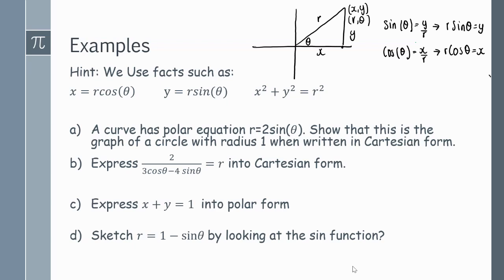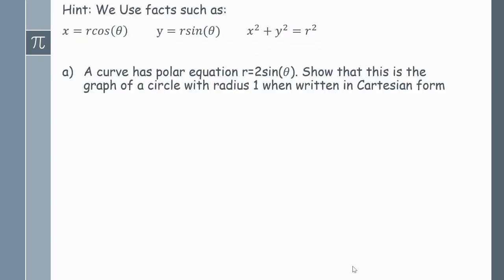And then, of course, by Pythagoras, I have x squared plus y squared equals my hypotenuse r squared. Let's use these facts to convert from polar form to Cartesian form. First example: a curve has a polar equation r equals 2 sine theta.